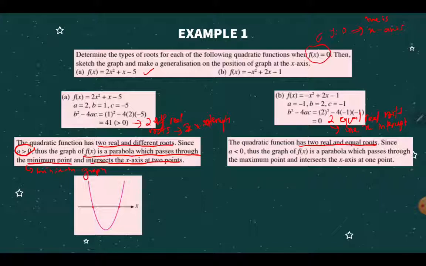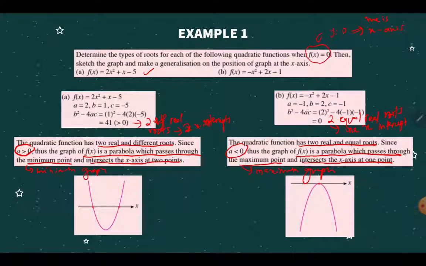Since a is less than 0, f(x) is a parabola which passes through the maximum point and intersects the x-axis at 1 point. So our graph is a maximum graph. Our graph will become like this. Simple, right? Okay, next.